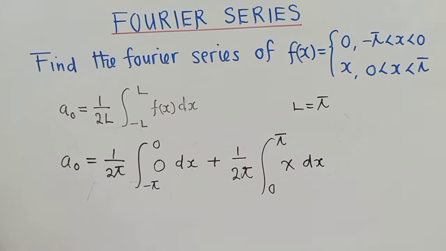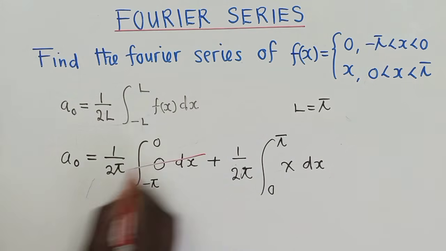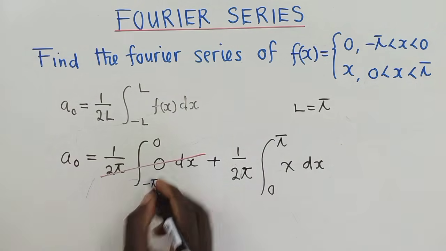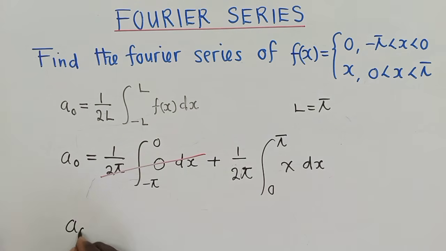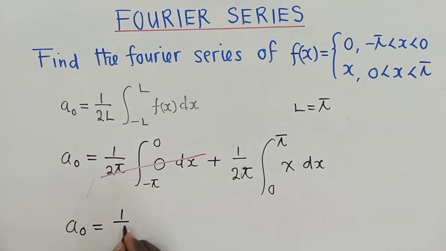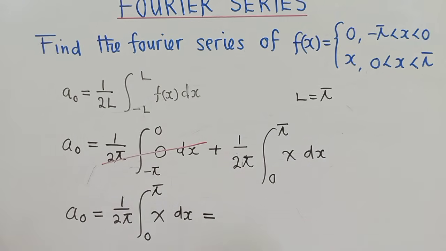Okay? So now, if we follow nicely, this right here will just give us a 0. Here will just give us a 0 because of this 0. The integral of a 0 is just a 0. So A sub 0 is equal to 1 over 2 pi, okay? The integral there, x from 0 to pi dx, which we can integrate with respect to x.